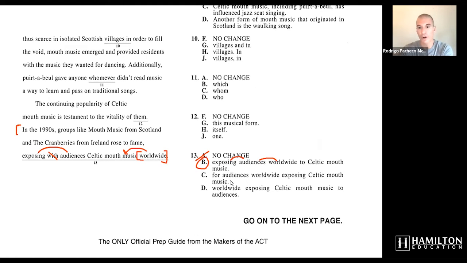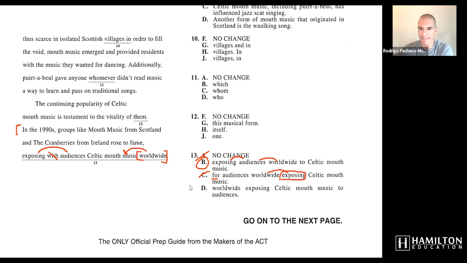C, for audiences. This preposition there is misplaced, is unnecessary, does not make this clear. Audiences worldwide exposing. So this modifier, this participle here, is misplaced.